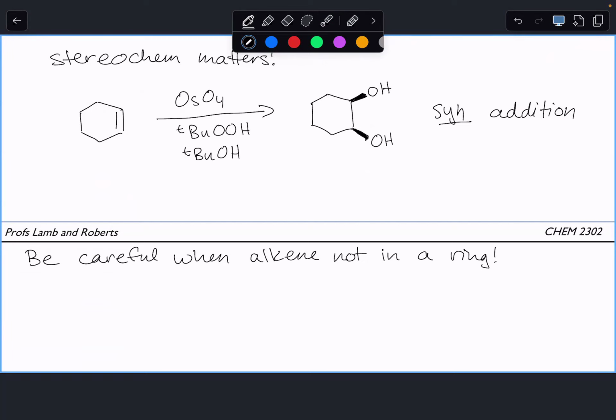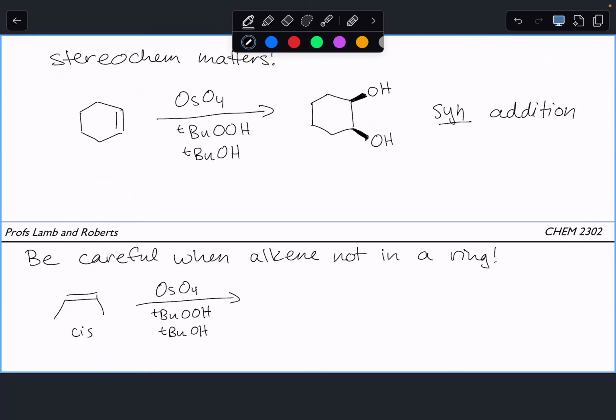So let's look at an example of that. We'll start again with a cis alkene. If we were to do this reaction, osmium tetroxide, tert-butyl peroxide, and tert-butanol.